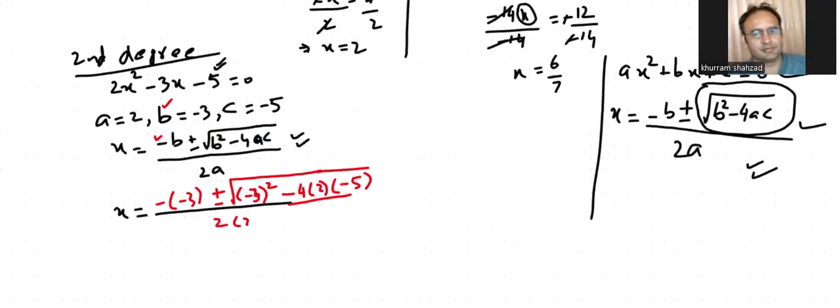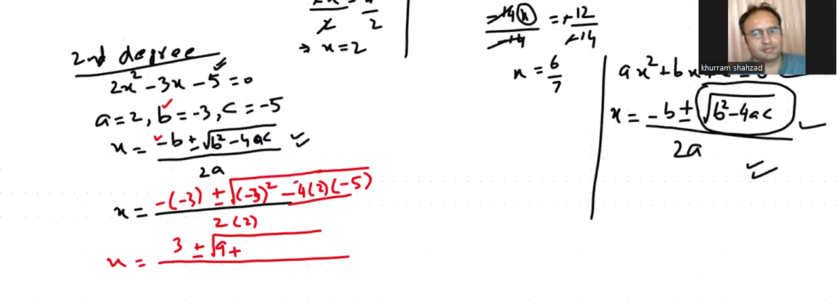X is equal to 3 plus minus square root of 9. This is the square of -3, which is 9. And then negative times negative is plus 4, 2 times 8, this is 8.